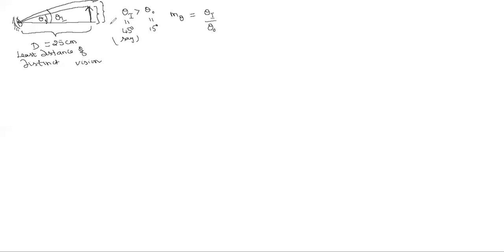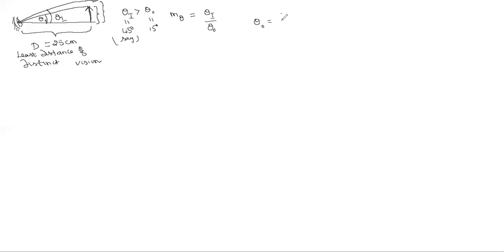Then when you come to microscope, generally when we use it, even though the object is at a distance of 25 centimeters, we are not able to see it clearly. There theta O, for small angles, is like tan theta.